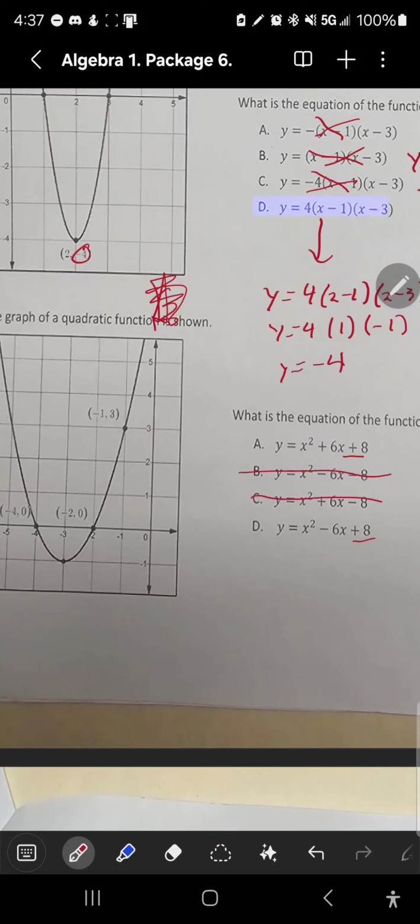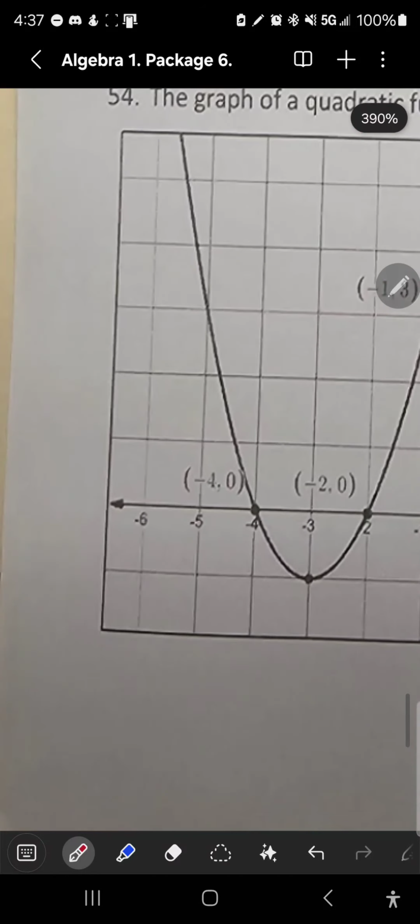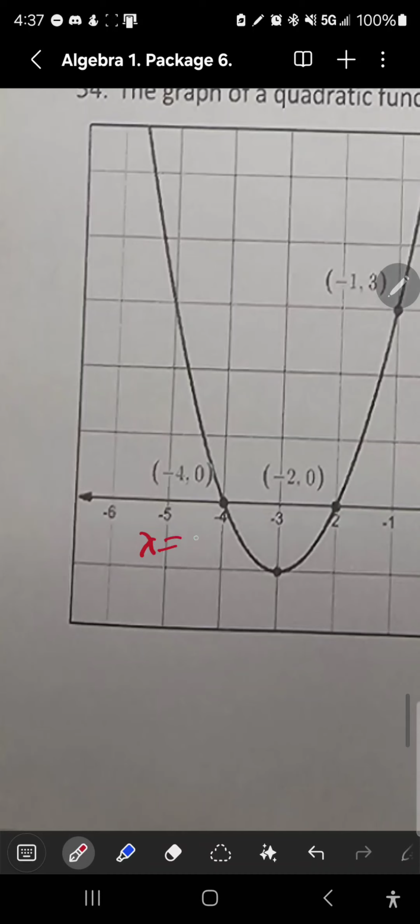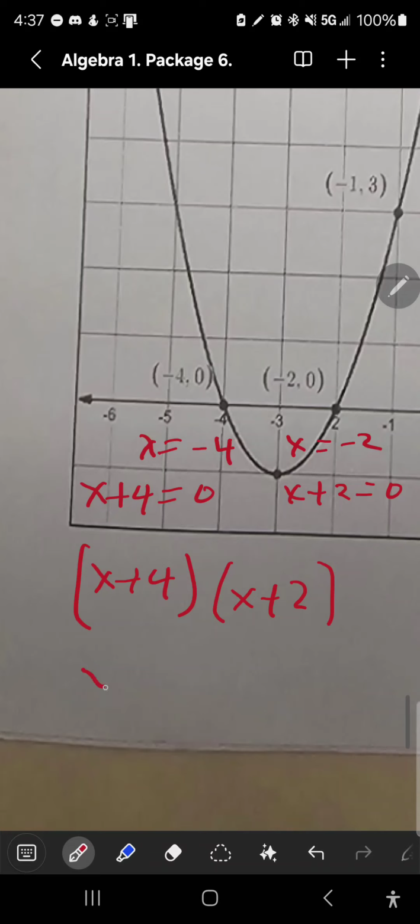And to solve for this, I do something that is pretty easy. You saw what I did before? Here I have that x equals negative 4 and x equals negative 2. If I solve for that, I add 4 in this case, so x plus 4 equals 0. And here x plus 2 equals 0. And I can multiply those two: (x plus 4)(x plus 2). So x times x is x squared.